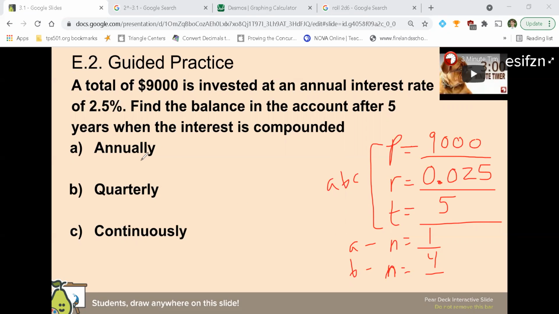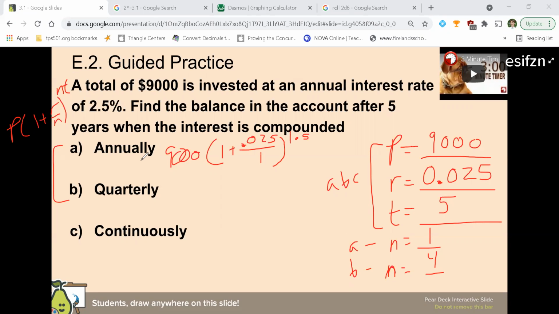All right, so I'll do the rest. Thanks, Tristan. First problem then, we need to write in the first formula. So the formula for these two is P(1 plus R over N) to the NT. So for annually, it would be 9,000 times (1 plus 0.025 over 1) to the 1 times 5 power.